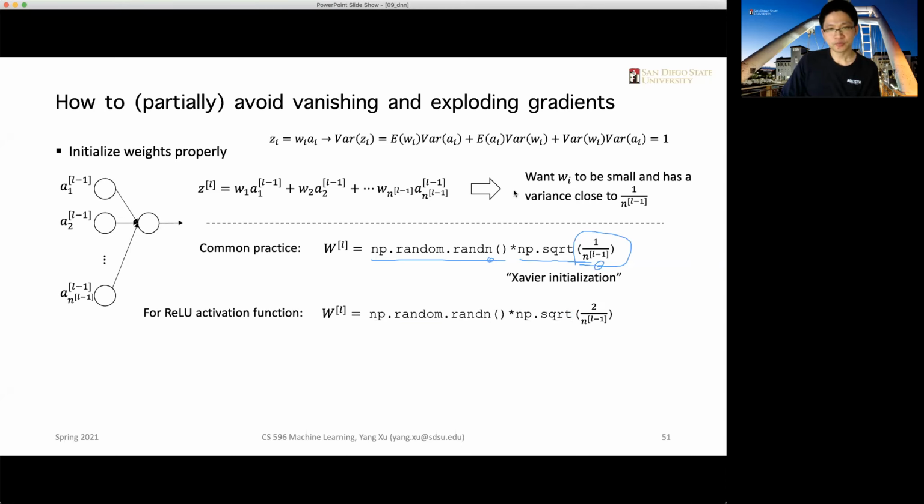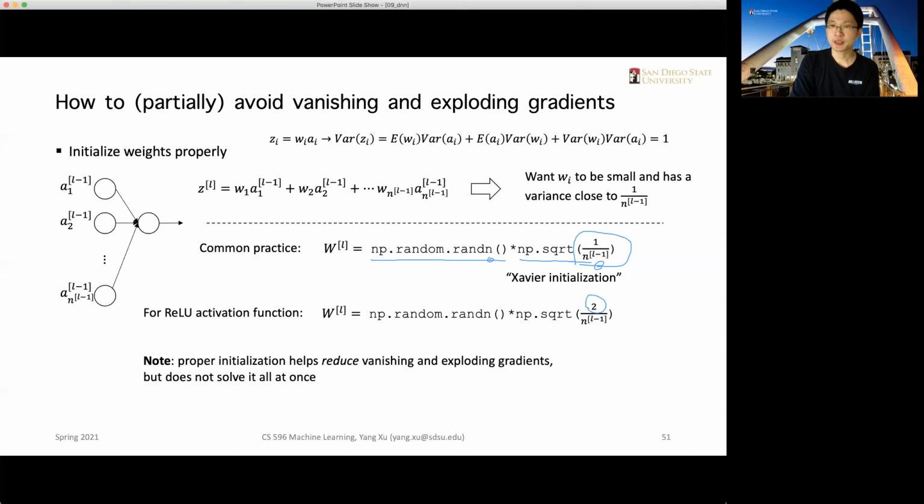And for ReLU, we can use a different coefficient, like 2 here. All these are from existing papers, after people have done a lot of experiments. So the conclusion is that if we initialize the parameters in such a way, then it indeed helps reduce the vanishing and exploding gradients a lot.